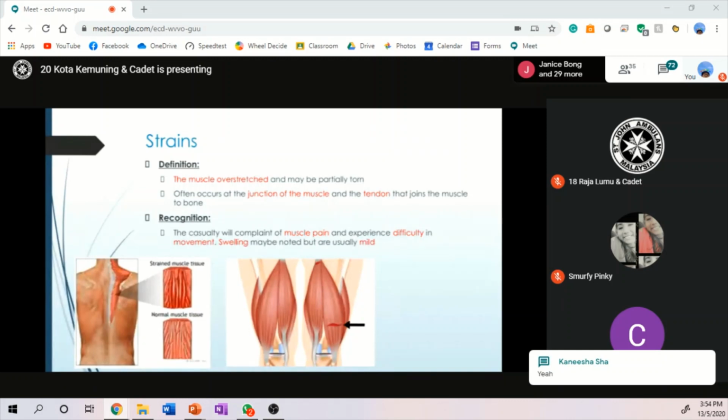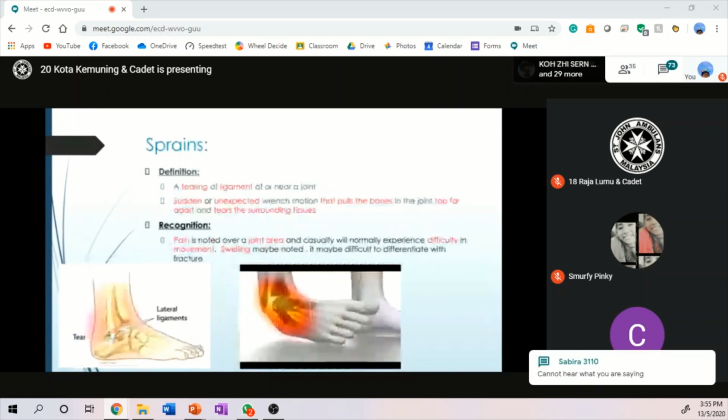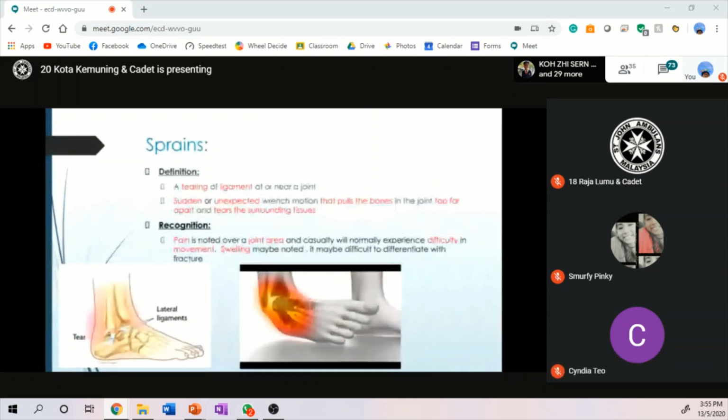Yeah, this is sprain. I'm sure basketball players will experience this. The second picture: when you run, suddenly your leg turns, something like this.